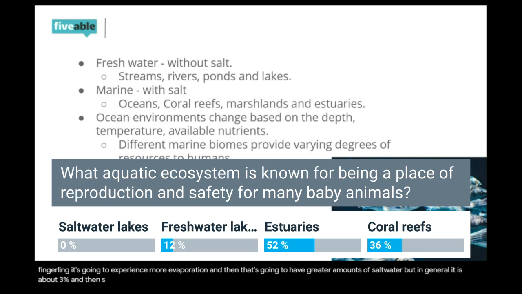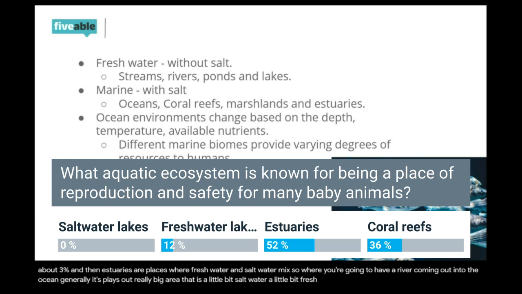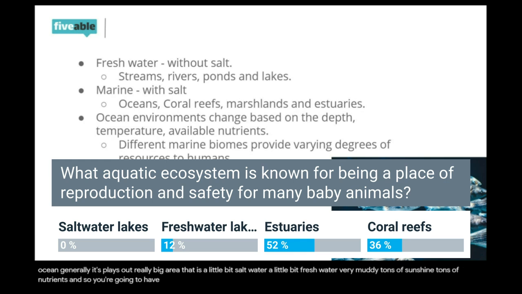And then estuaries are places where fresh water and salt water mix. Where you have a river coming out into the ocean, it generally splays out really big, and you have a giant area that is a little bit saltwater, a little bit freshwater, very muddy, tons of sunshine, tons of nutrients. So you're going to have a lot of growth there, like baby fish and baby birds.